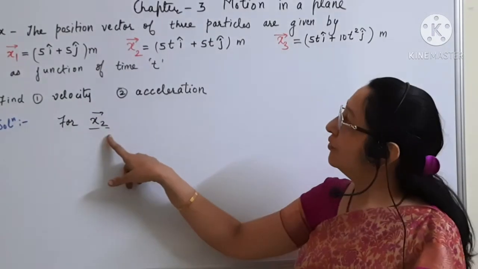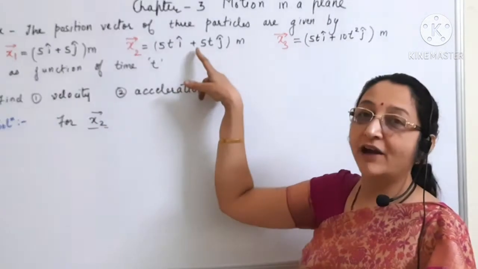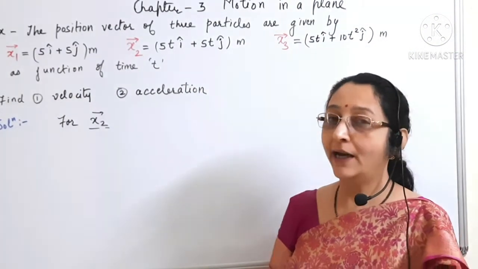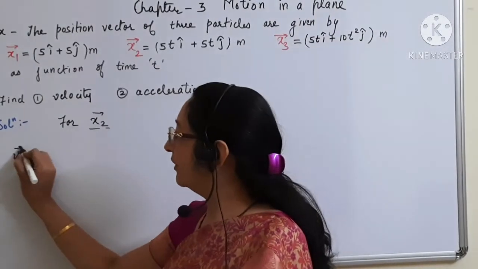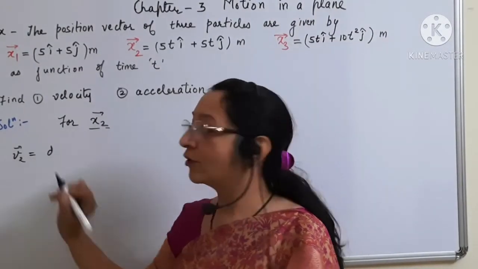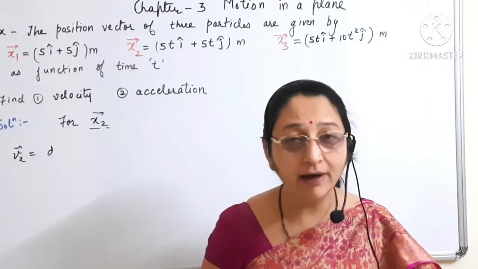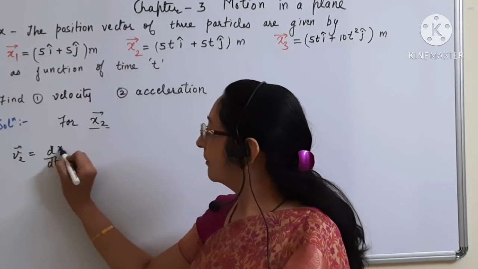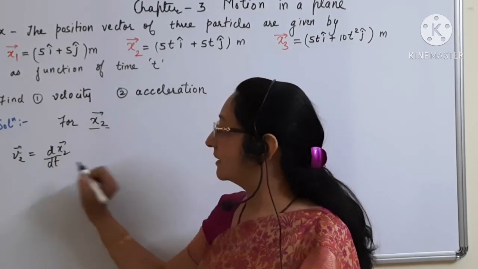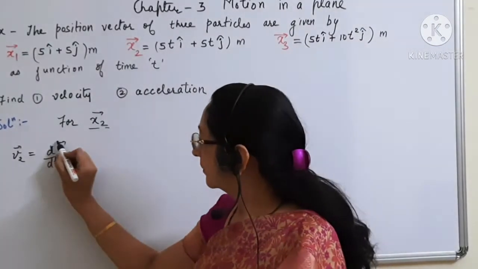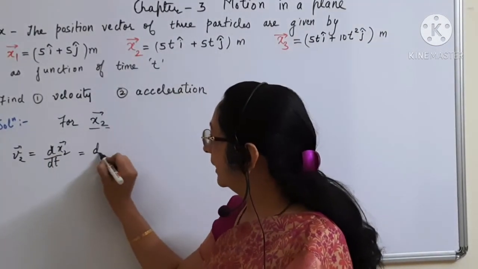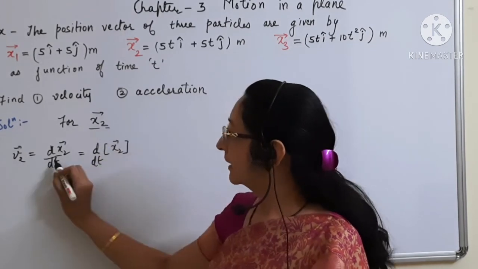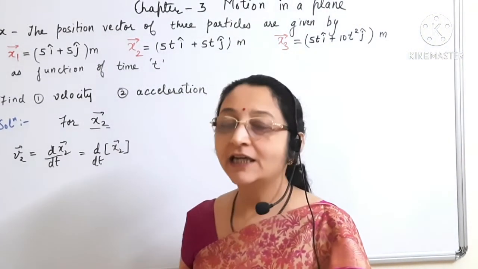So for x2, we know it is 5ti plus 5tj meter, the position vector of x2. Now we know that velocity v, or v2, because this is the velocity of the second particle which we are to find. So v2 is dx2 by dt, that is ddt of x2. We know that velocity v is dx by dt.